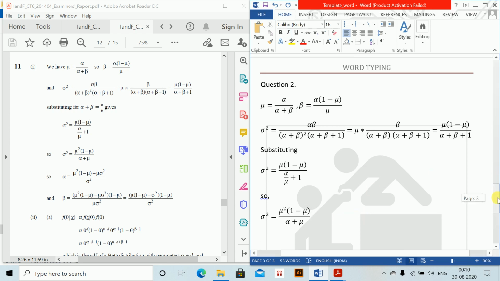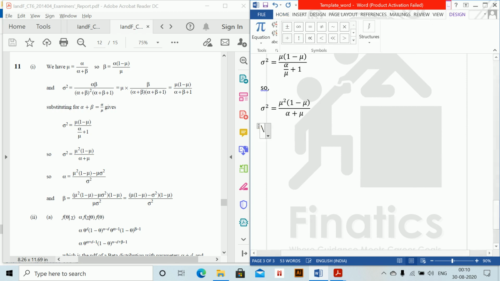Okay, so therefore β is equal to (μ²(1−μ) − μ σ²) into (1−μ) divided by μ σ².